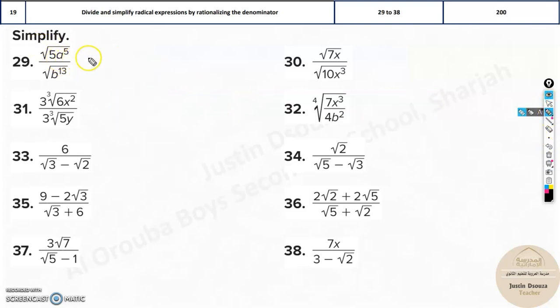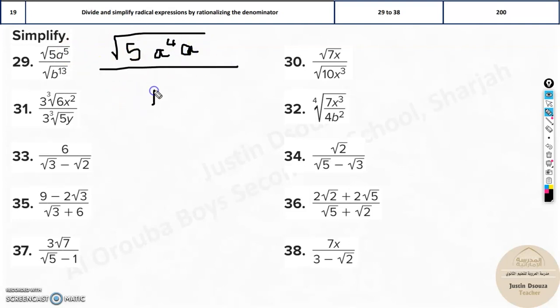Now, here you are getting 5a to the power 5. I'm just writing the same thing. Now, let's do the first step. You need to have an even power because it's a square root, that is 2 over here, so you need to split this as 5a to the power 4 and a. And over here, what do we do?